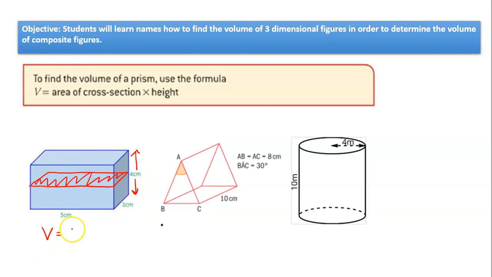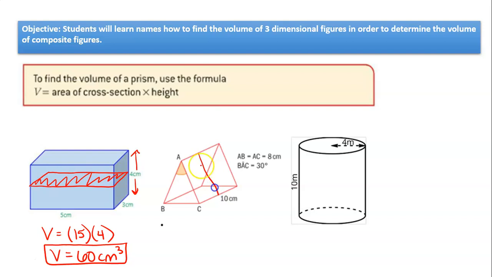So volume equaled, we got 15 for that area of the cross-section, and then times the height, which is 4. So 60 centimeters cubed, because we're talking volume now. So area is units squared, volume is units cubed, because it's 3-dimensional.